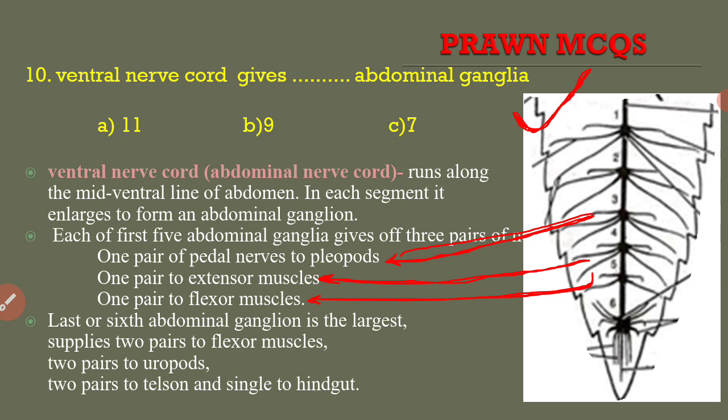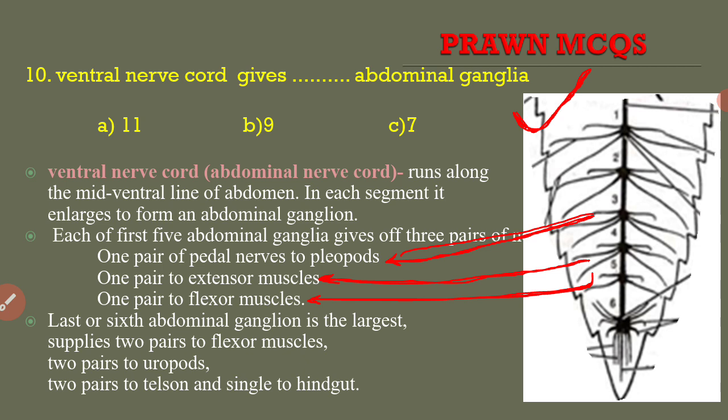So the first 5 abdominal ganglia give off 3 pairs of nerves. Out of these 3 pairs, the first pair has the connection with the pleopods, the second pair innervates extensor muscles, and the third pair the flexor muscles.